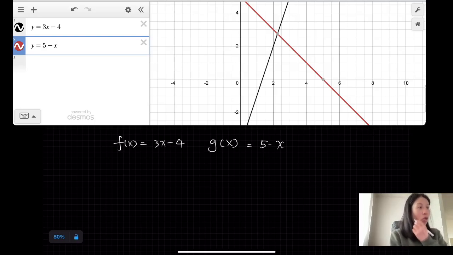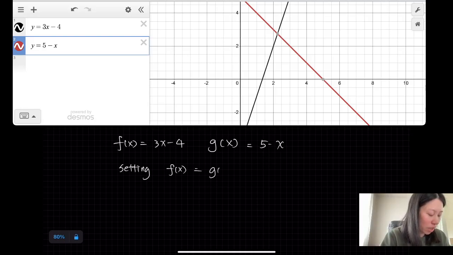In order to find the intersection, I need to set f(x) equal to g(x), because the intersection point is on both lines. That means at that point, the y coordinate is going to be equal. So I will get 3x minus 4 equals 5 minus x.